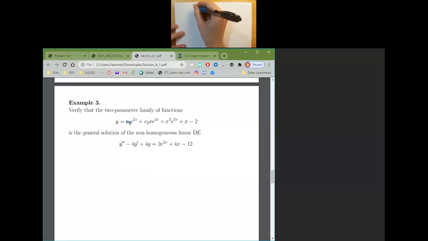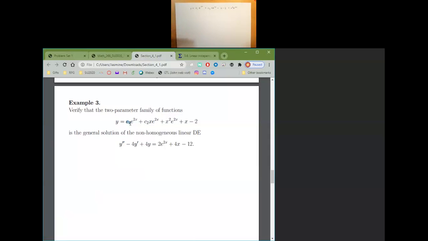So y equal to c1 times e to the 2x plus c2 times x e to the 2x plus x minus 2. This tells us that, did I miss one? Dang it, it did. Also plus x squared e to the 2x.